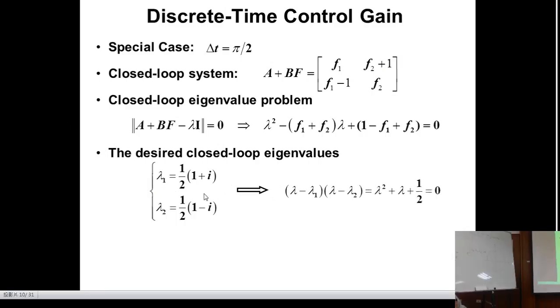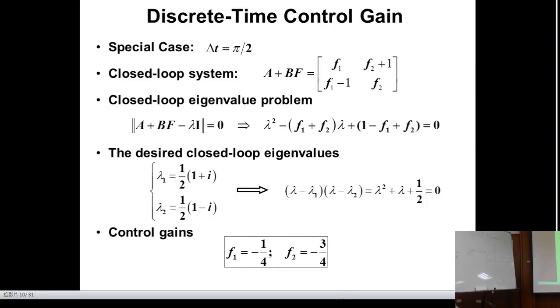Now, I want to form the same polynomial like this. If I have desired closed loop eigenvalues like that, then my polynomial has to be lambda squared plus lambda plus half equal to 0. I compare these two polynomials and I will be able to determine my gain.